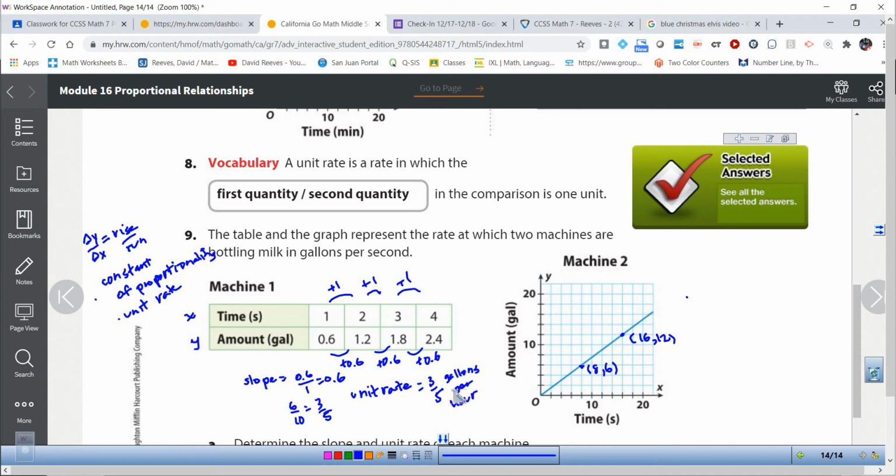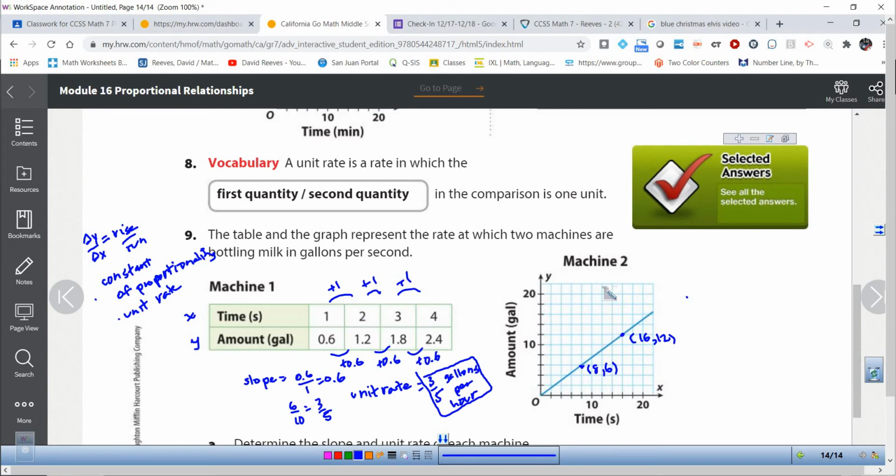Did you know Santa Claus is coming to town? He is. All right, so machine 1 is 3/5 of a gallon per hour. That is the unit rate. All right, remember we do y over x. So if you're going, well, wait, time is above gallons, but remember it's change in y over x. So machine 1 is 3/5 of a gallon per hour.